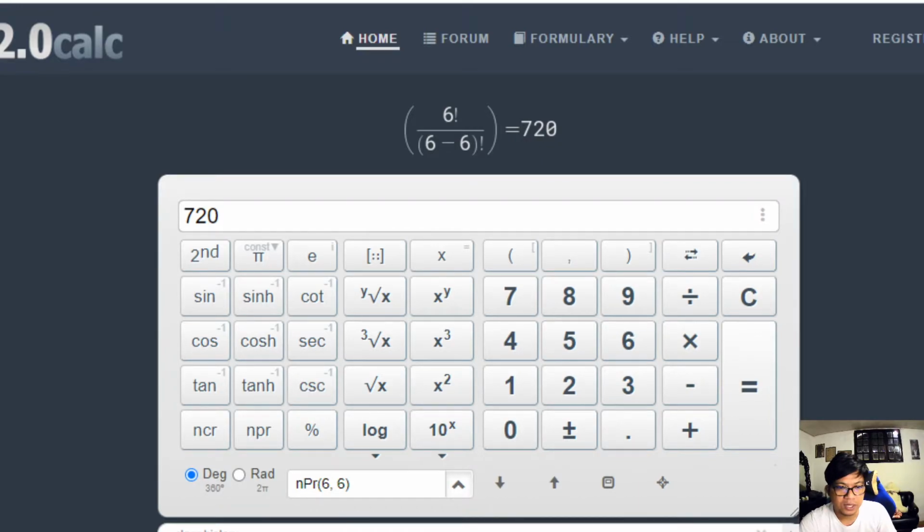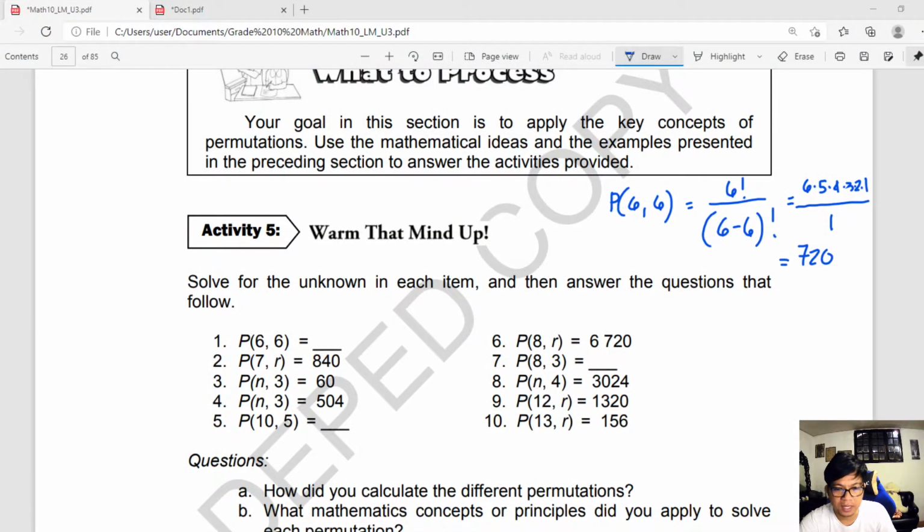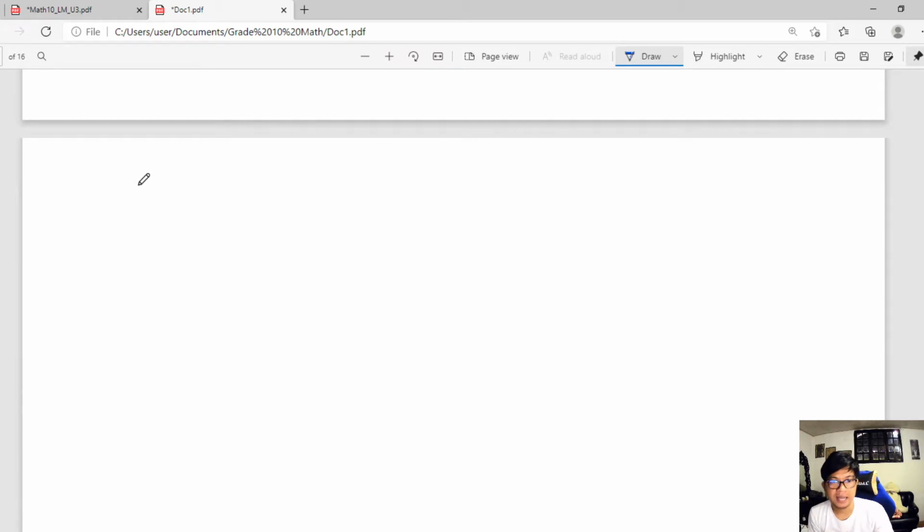Now, let's go back with this one. Using your scientific calculator, hanapin nyo yung button ng nPr. So, ito yung hahanapin niyo, nPr. Now, in your scientific calculator, it is different. Kasi ang first na ipipindutin nyo is yung n, kasi ito yung sequence dapat natin.